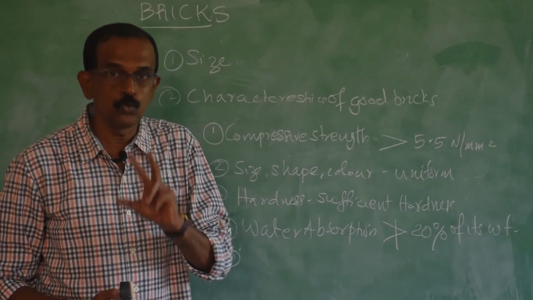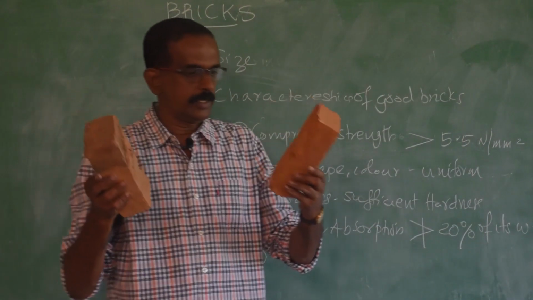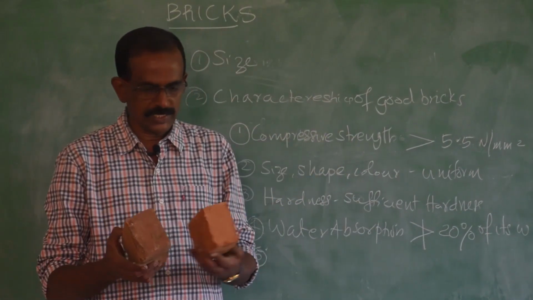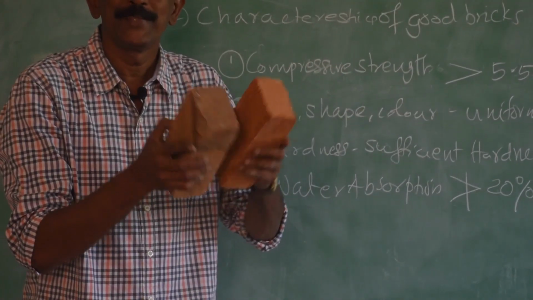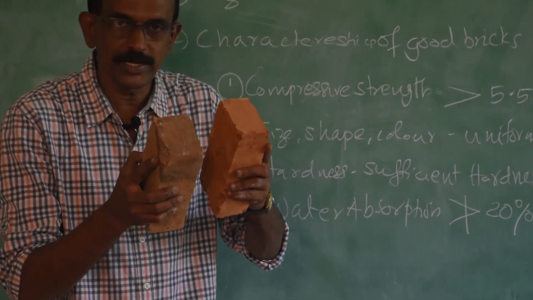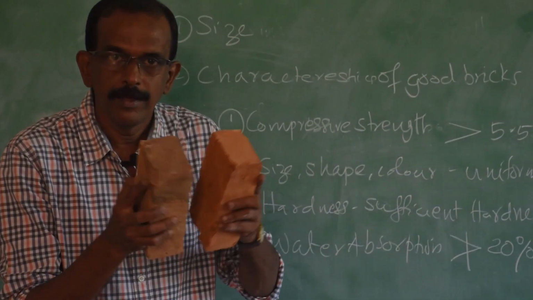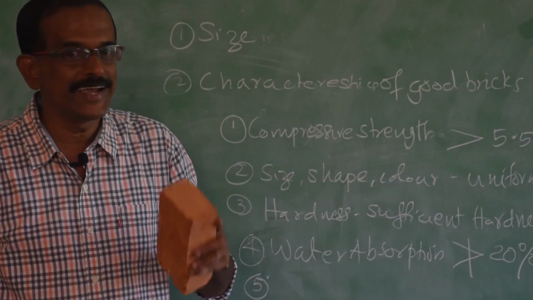If you strike two bricks against each other, so here I have brought two bricks, it should produce a particular sound. What is that sound? Can you recognize that sound? That sound is called a metallic ringing sound.